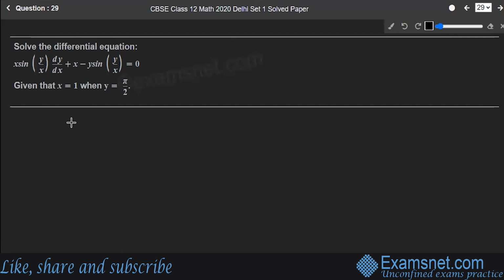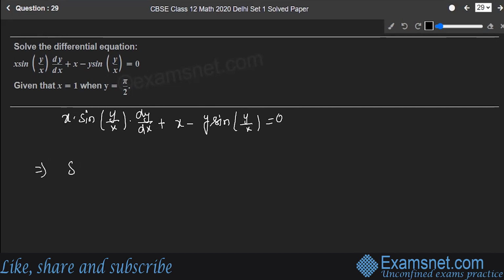It's going to be a lengthy one. Here we write the statement. We are given x into sine y upon x into dy upon dx plus x minus y into sine of y upon x is equal to 0.